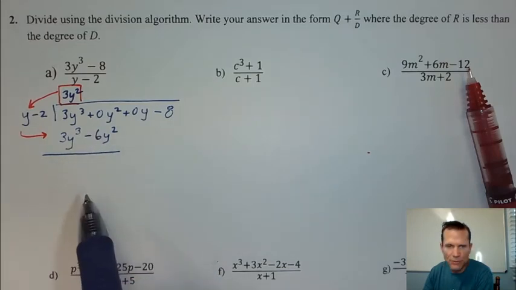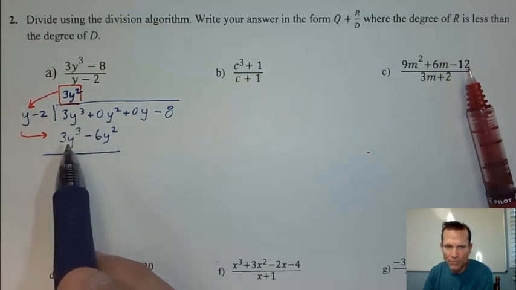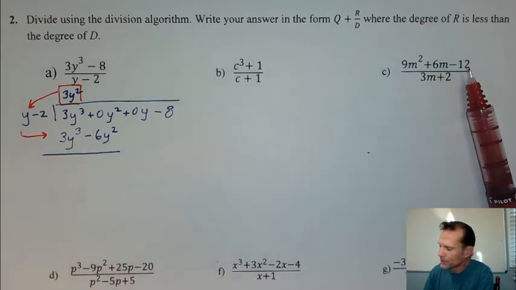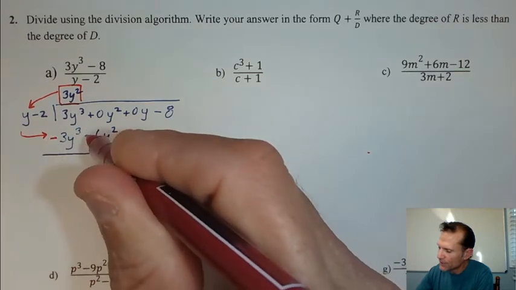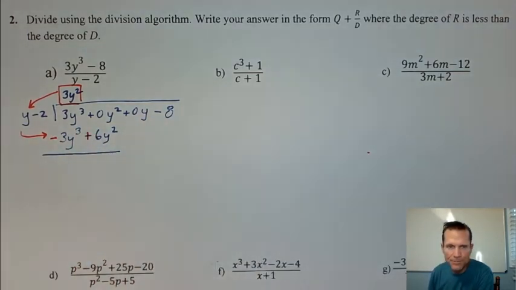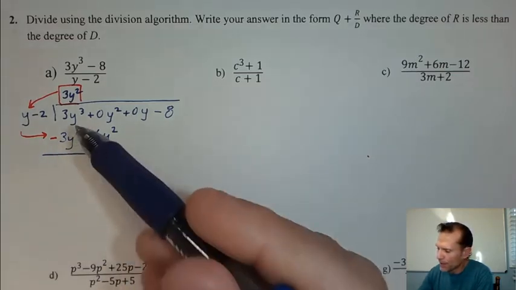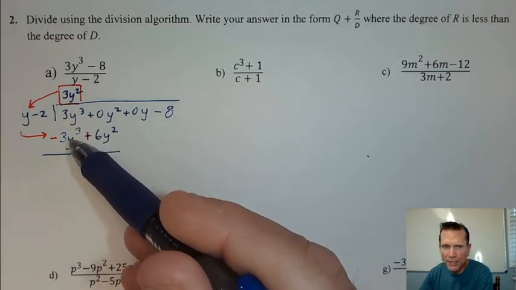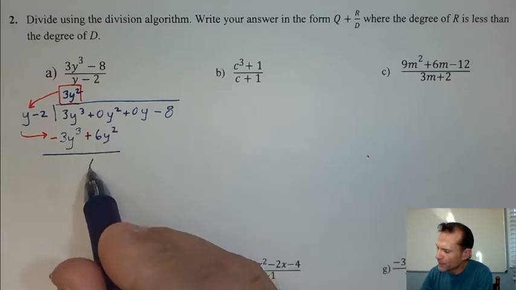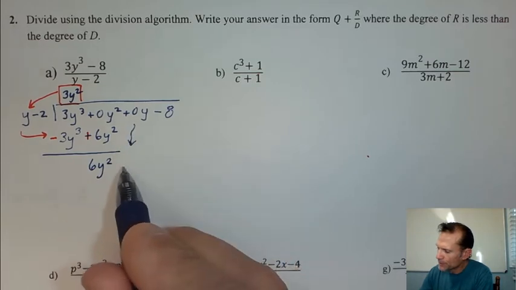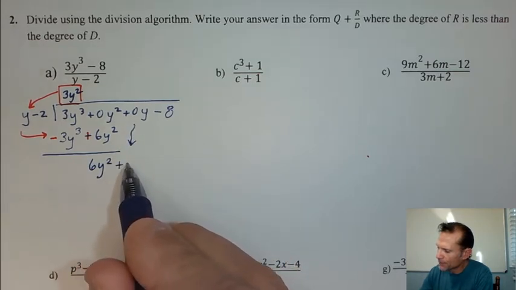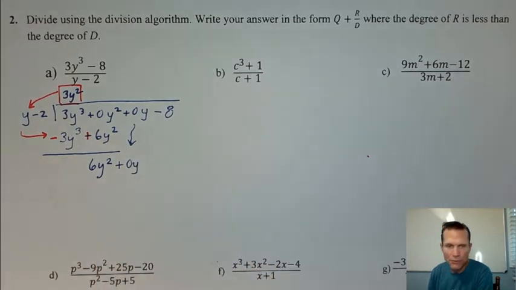Since we have to subtract this whole binomial, a nice way to show the subtraction is to change the signs on these two terms, and then I tell students, push the terms together or combine them, so those cancel out and we get 6y squared. Then I'll bring down my next term, and this should feel a lot like dividing with numbers. We're just doing this with polynomials.